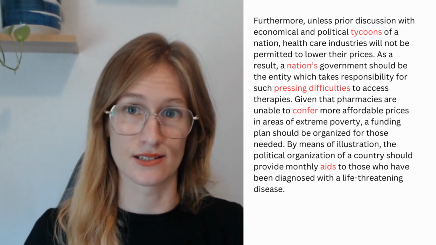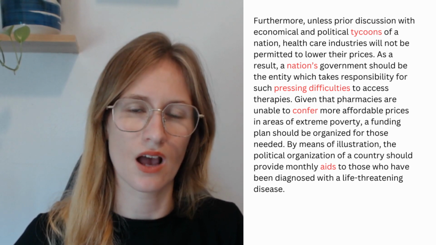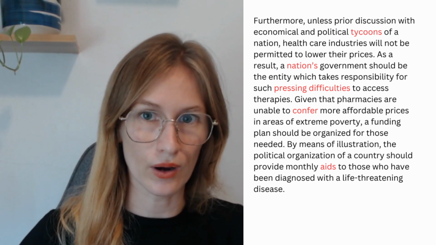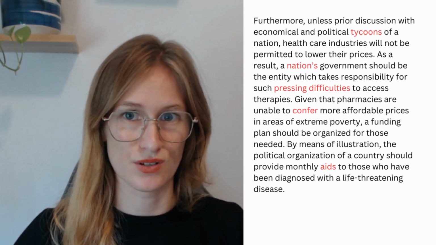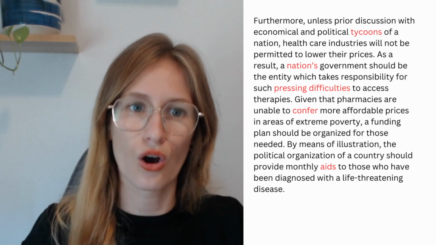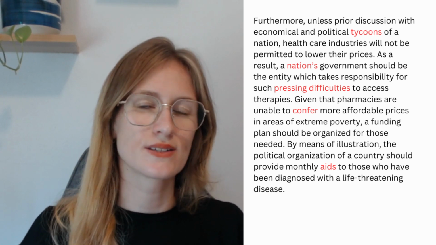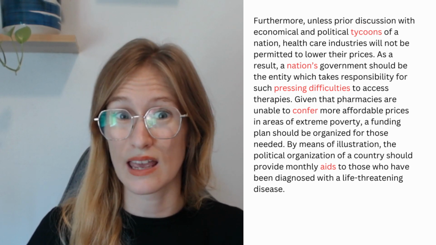I think leaders would fit better here. It's not technically incorrect because a tycoon is someone with wealth and power, but we wouldn't refer to the leaders of our country as tycoons. We would refer to them as politicians, leaders, or as a whole, governments. But it's not technically incorrect, it just doesn't sound quite natural to put tycoons in here.